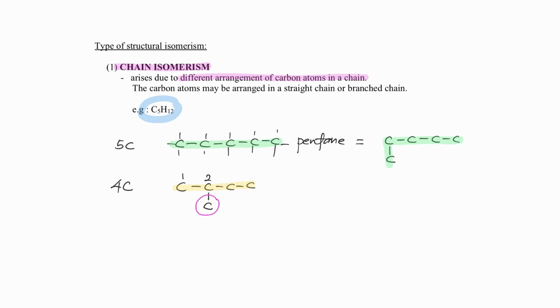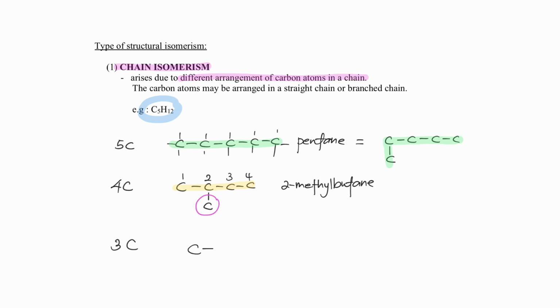But since the methyl is at the 2nd carbon, the name will be 2-methylbutane. The molecular formula is the same as the first one, pentane, which is C5H12.